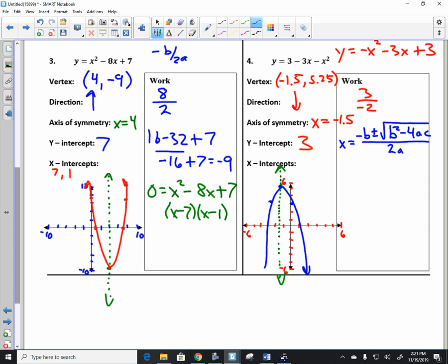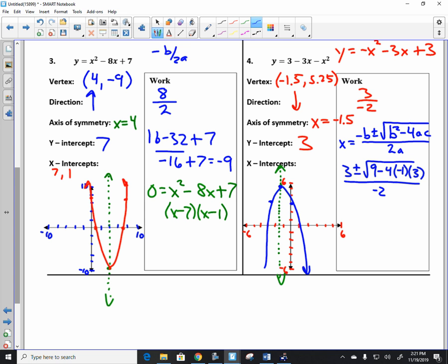What is negative b? 3 plus or minus square root of. What do you get when you square b? 9 minus 4 times negative 1 times 3, divided by 2a, or negative 2. How many negatives do I have underneath the square root?